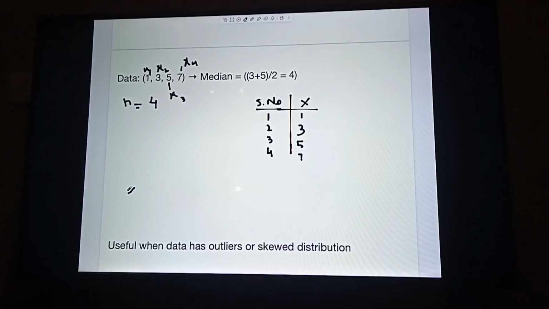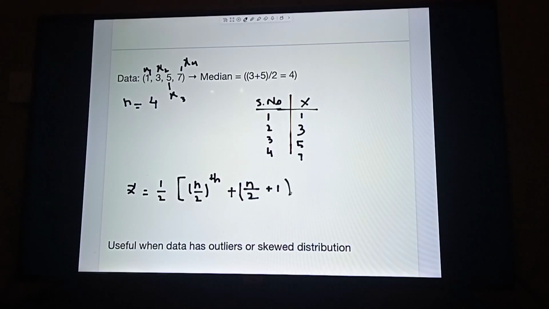Median is equal to the average of the (n divided by 2)th value plus the (n divided by 2 plus 1)th value.